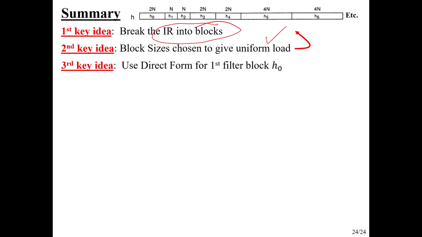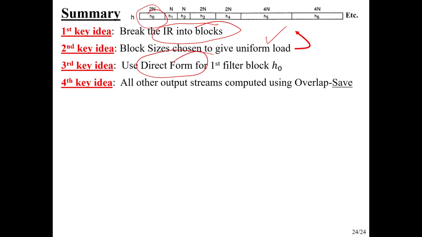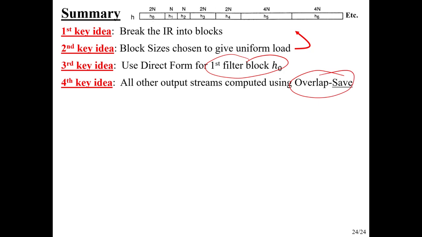Third key idea, if we want absolute zero latency, do the first block using direct form. Fourth key idea, all the other blocks are done using overlap save. Backpedaling just a little bit, if we're willing to give up just a little bit of latency, we can even do this with overlap save.